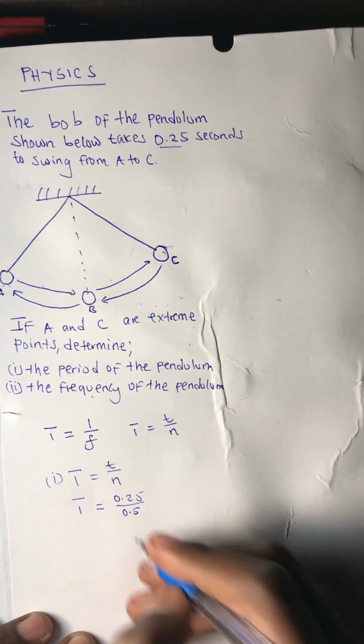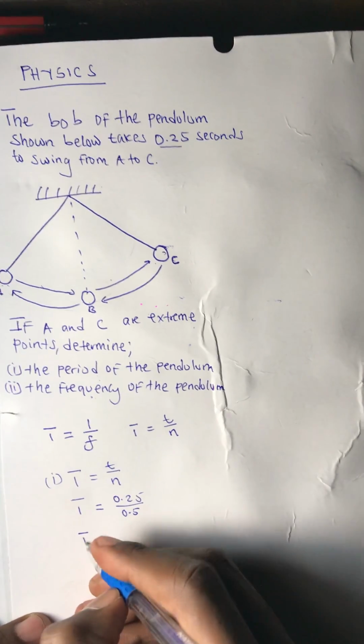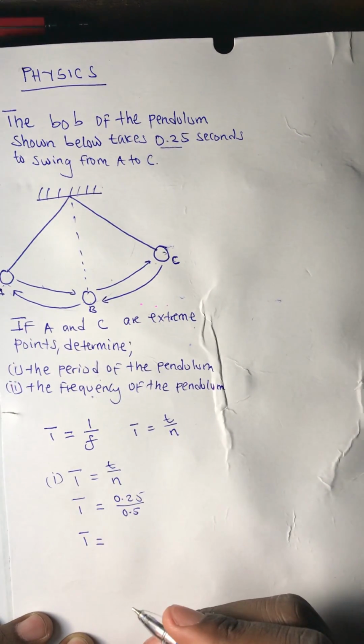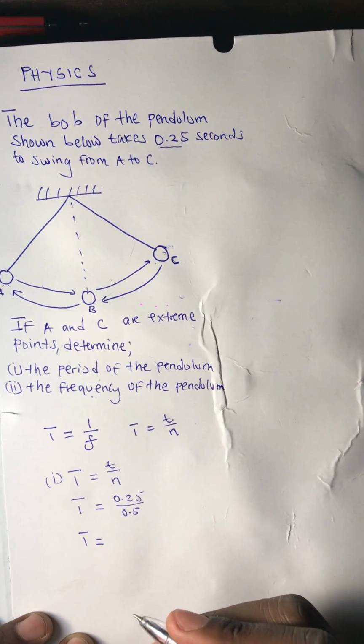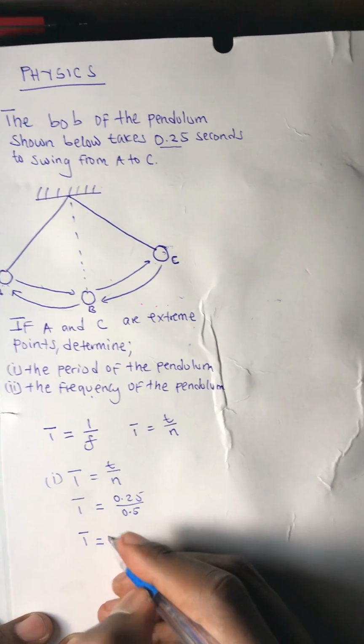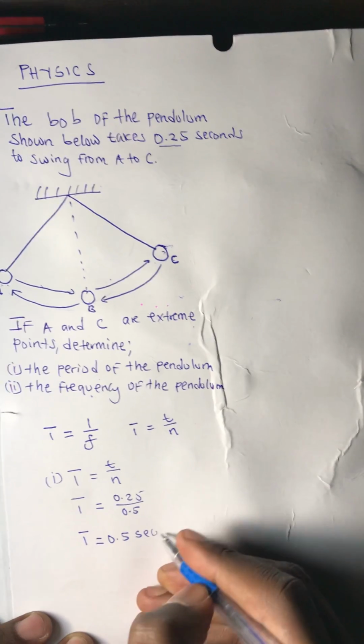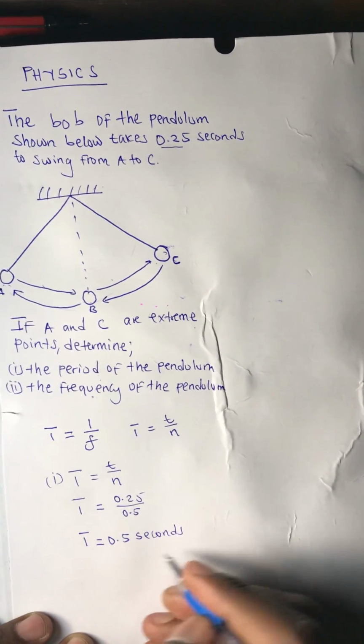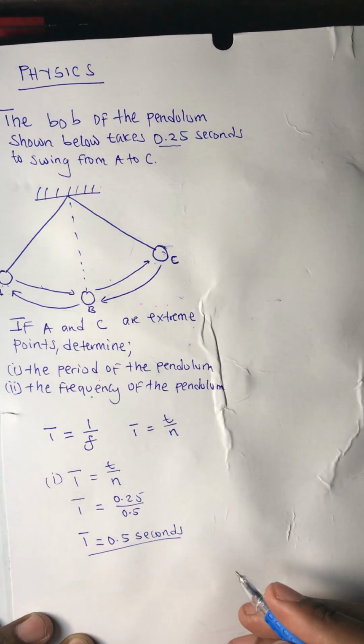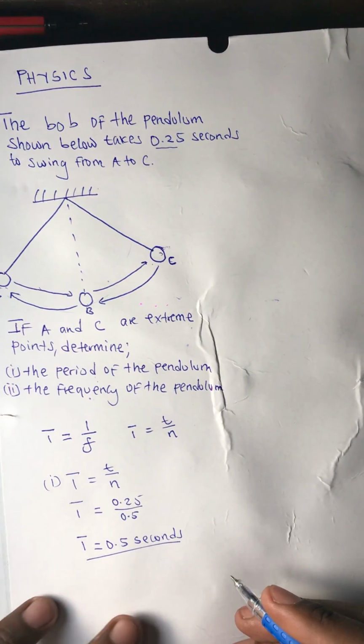When you say 1 divided by 2, you get 0.5. And so the period of this pendulum, when we do this on the calculator, is 0.5. Now remember, period is time, so it is supposed to be in seconds. So we are saying 0.5 seconds. That is the period of the pendulum.